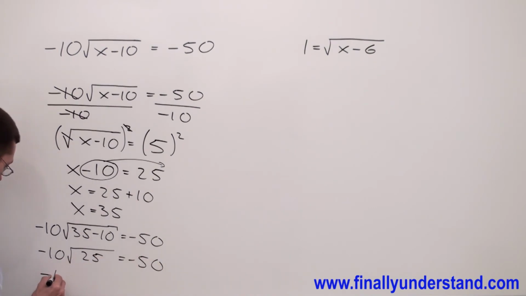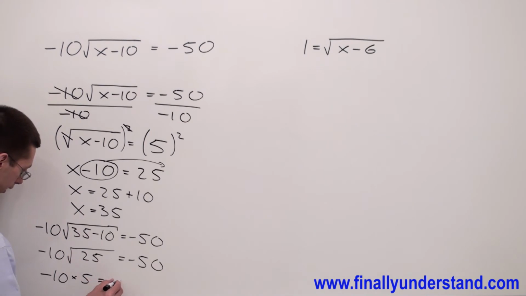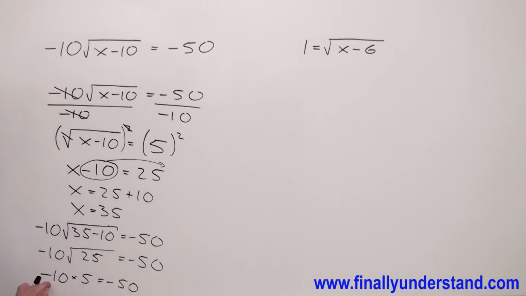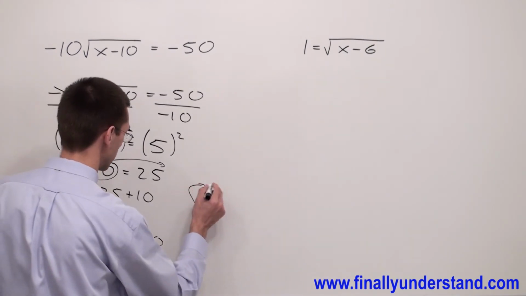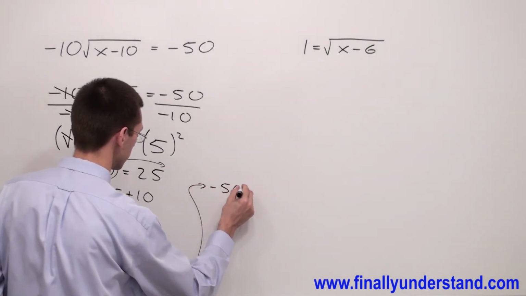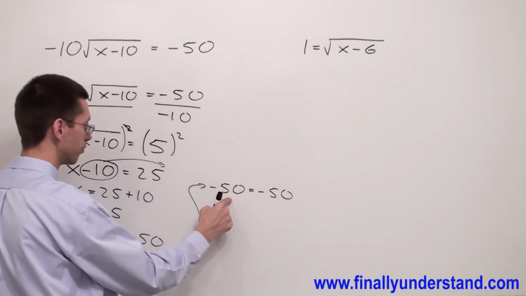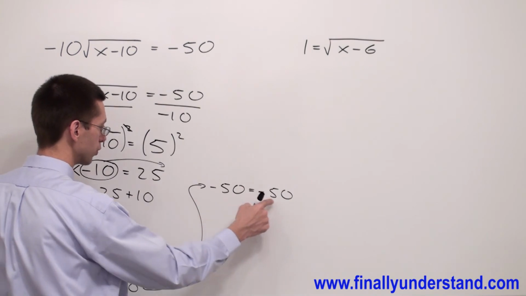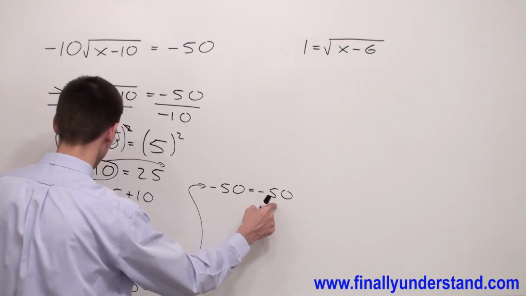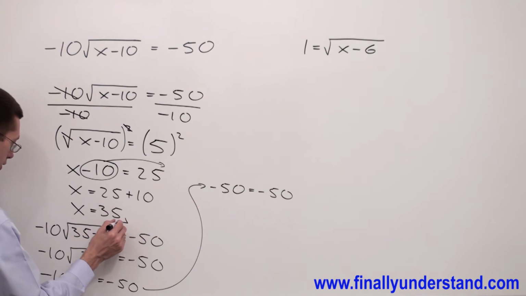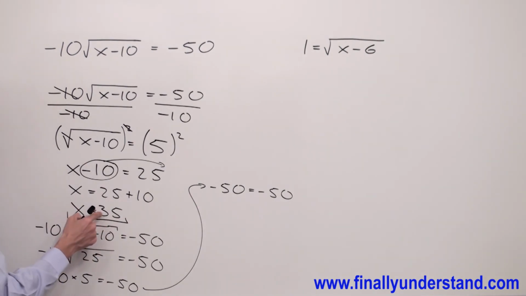I have minus 10 square root of 25, which equals minus 50. The square root of 25 is 5, so I have minus 10 times 5 equals negative 50. Minus 50 equals minus 50. The left side of my radical equation is equal to the right side of the equation. That's why the solution to my problem is x equals 35.